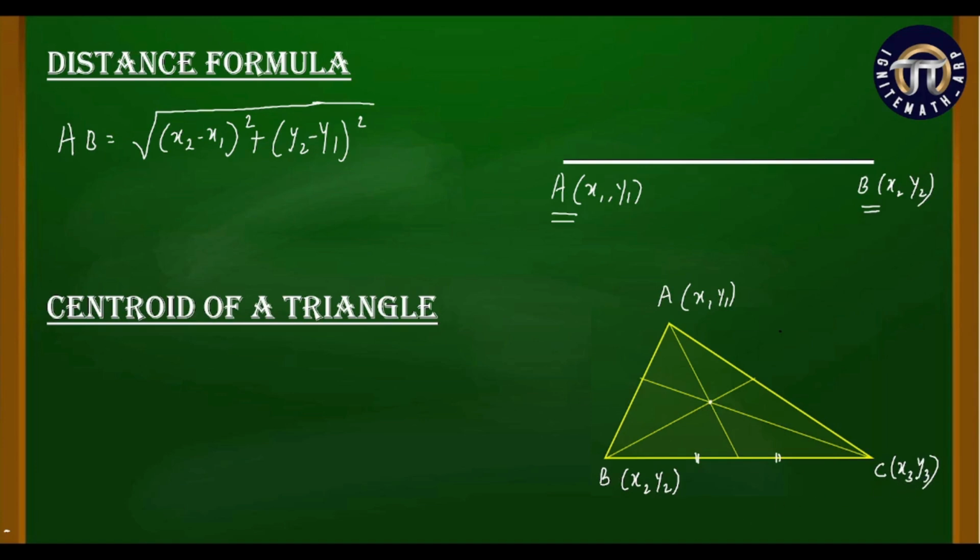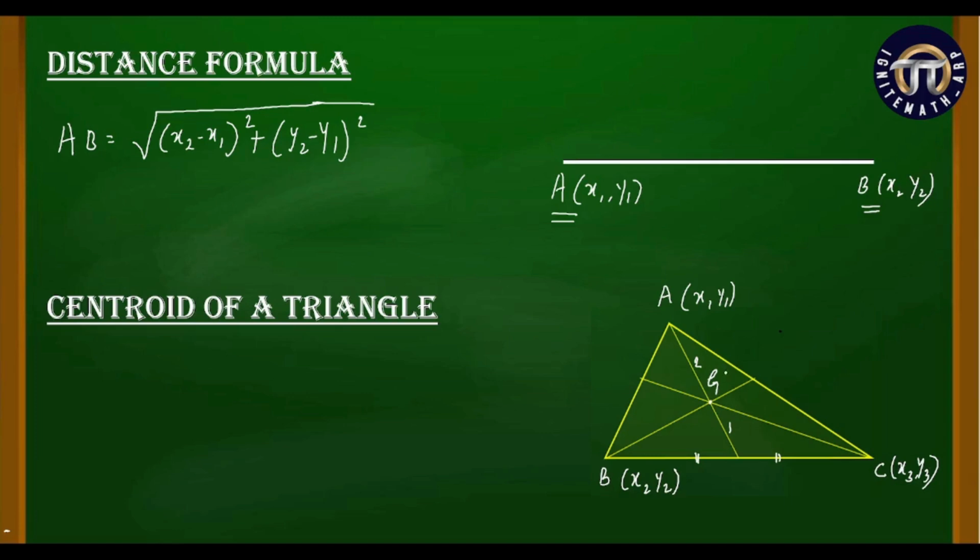So the centroid is denoted by the letter G, and you must know, children, centroid divides the median in the ratio 2:1. This kind of questions will be asked in MCQ as well, right? Centroid divides all the medians of a triangle in the ratio 2:1. Clear?